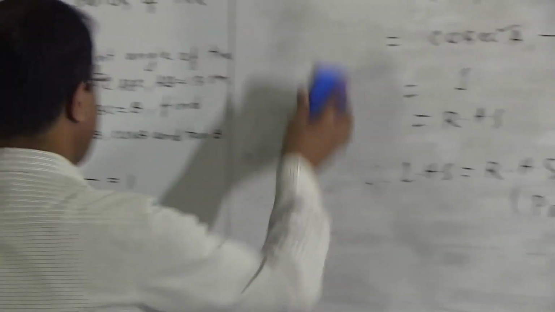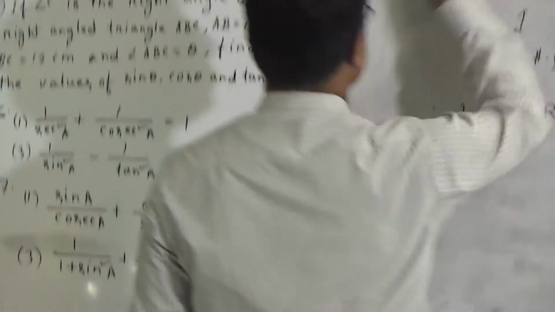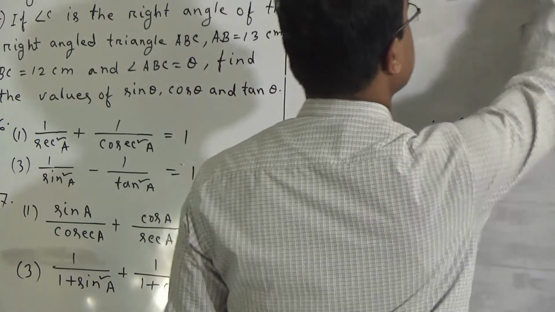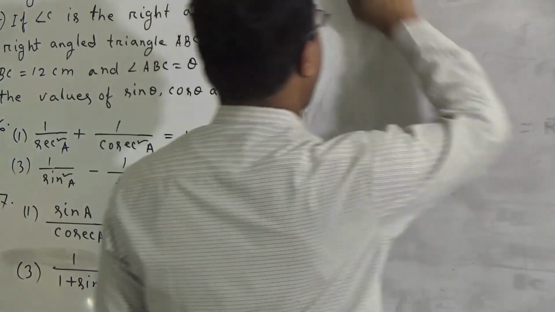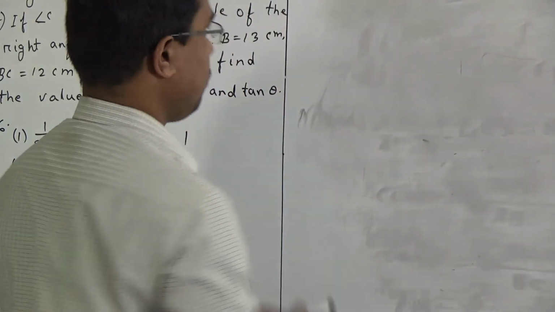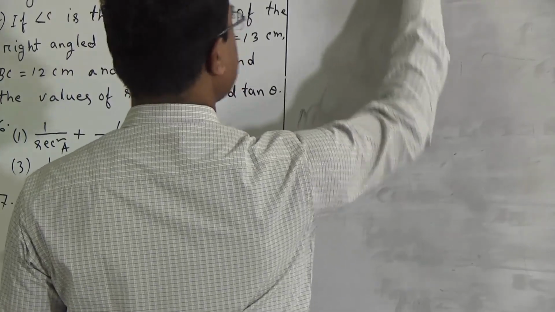Okay, now we'll solve 7 number. 1 number from 7.